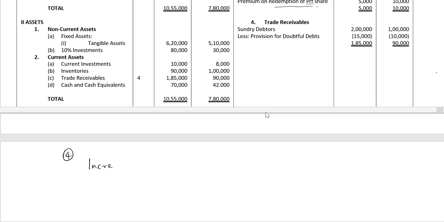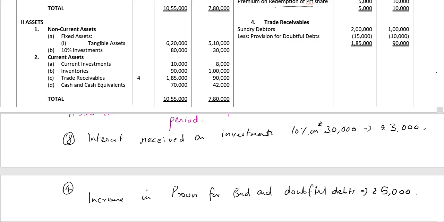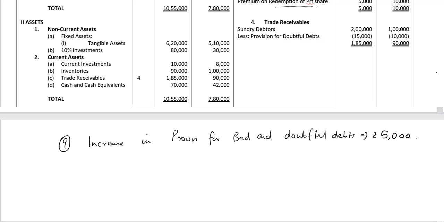So there's an increase in provision for bad and doubtful debts, and the amount of the increase is rupees 5,000. This is point 9. So we finished the notes.